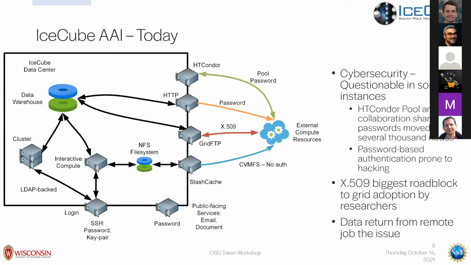Also, as I mentioned, the X509 grid certificates have been the biggest roadblock for researchers. Initially we still had OSG issuing certificates, which made some things easier, but now with OSG no longer issuing certificates and everything going through CILogon, we're having this mishmash of certificates, especially because in some countries, getting a certificate can be difficult if you're not from the large experiments.